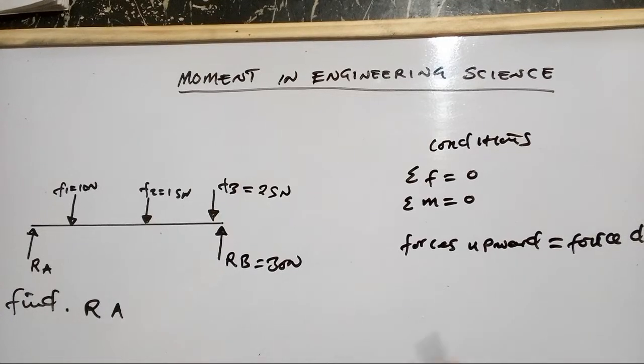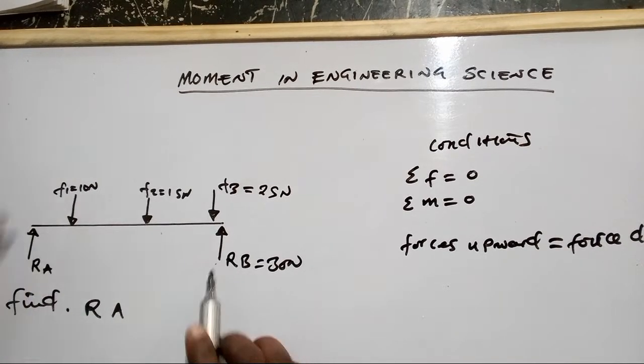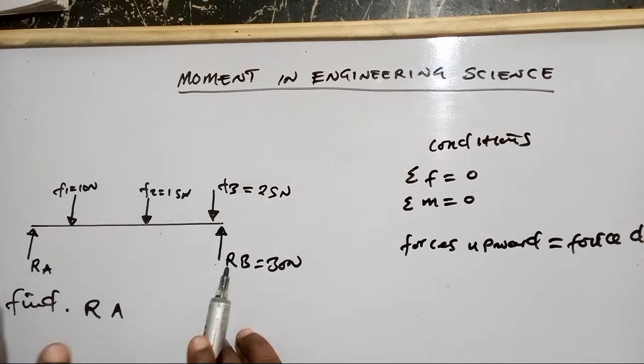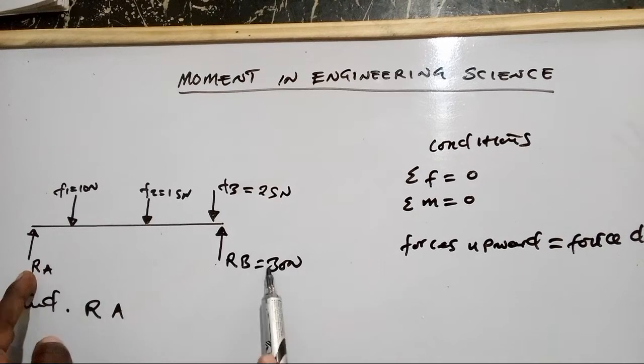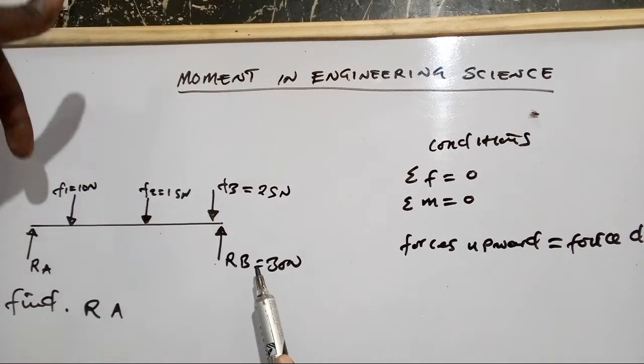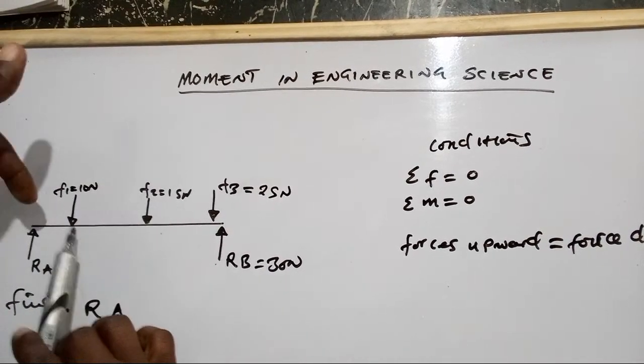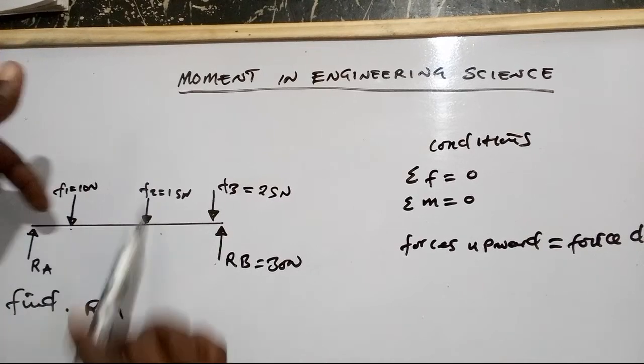Right? The forces acting downward are these forces which you are seeing here. The forces acting upward are the forces RA and RB. And the forces acting downward are these which you are seeing here.